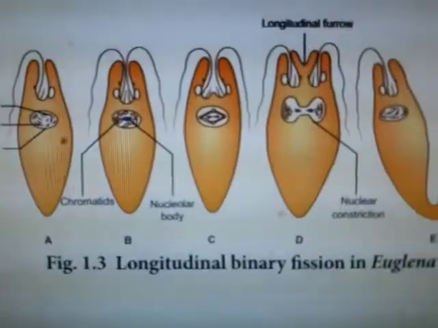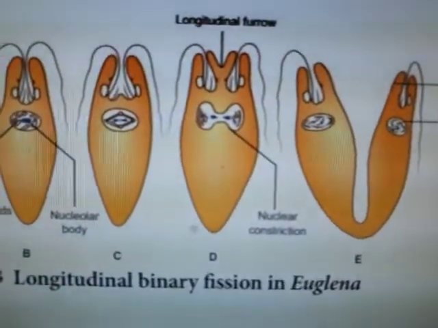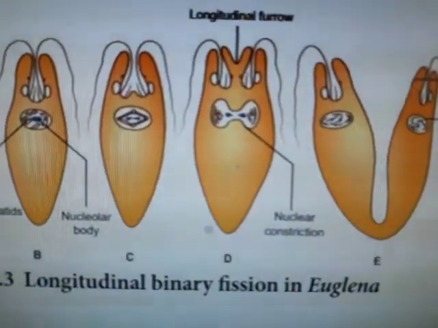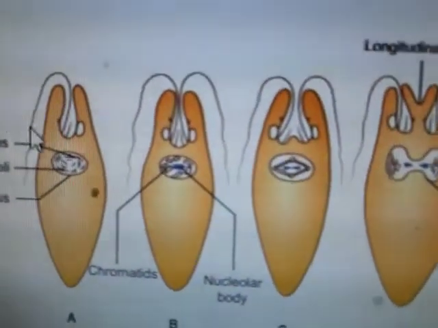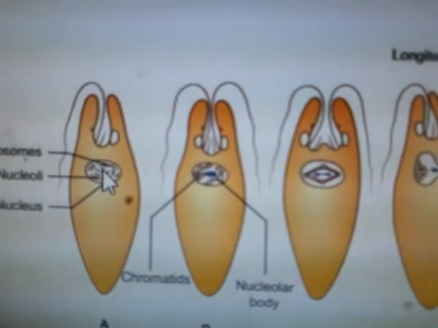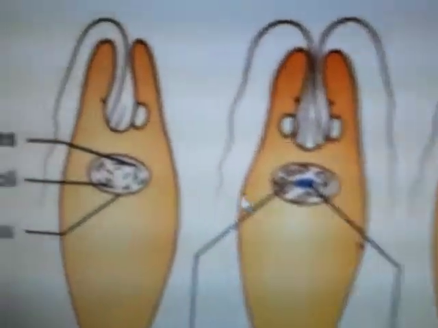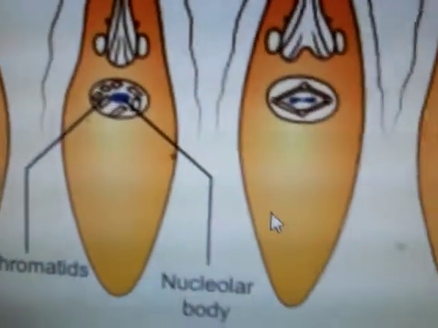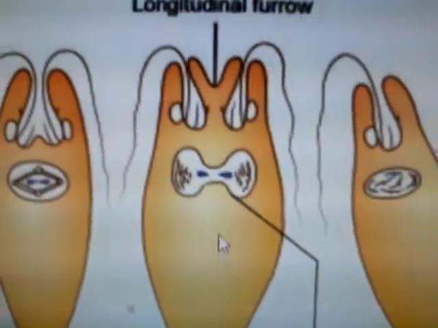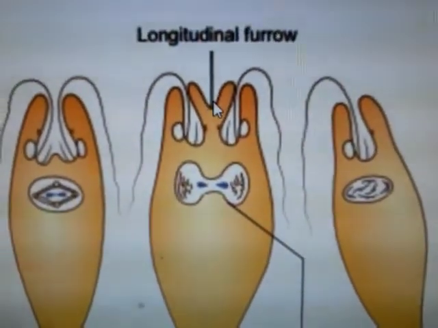In Euglena, longitudinal binary fission is the mode of reproduction. This is Euglena. This is the nucleus, chromosome, nucleus, and this is the longitudinal furrow.